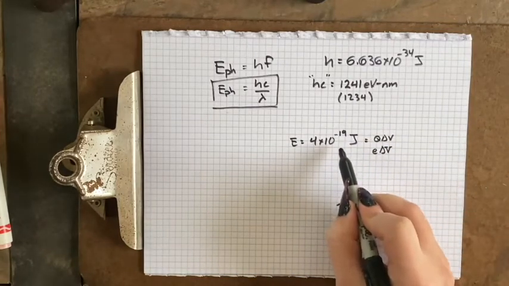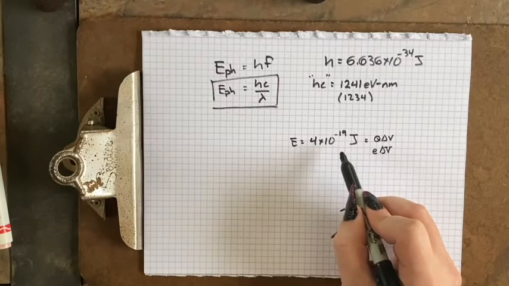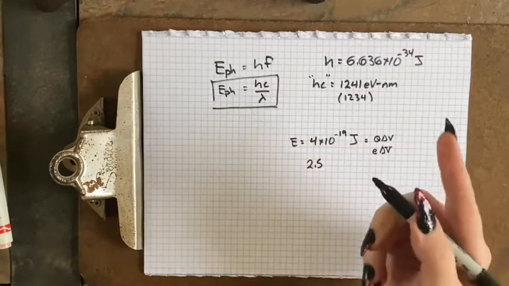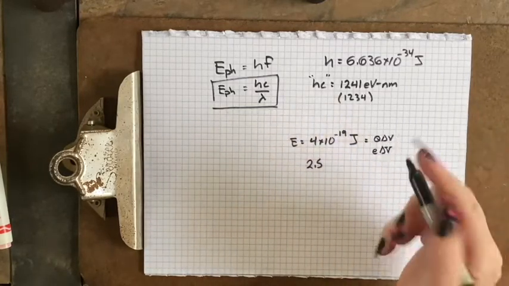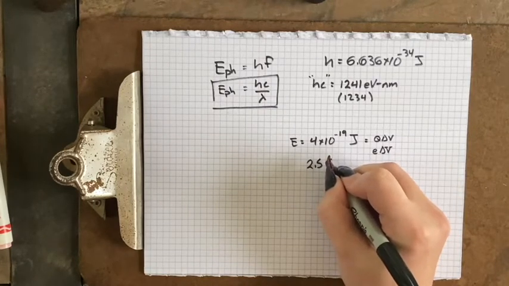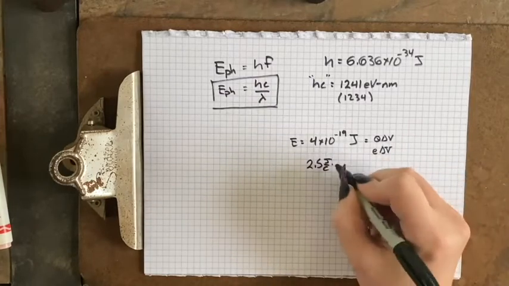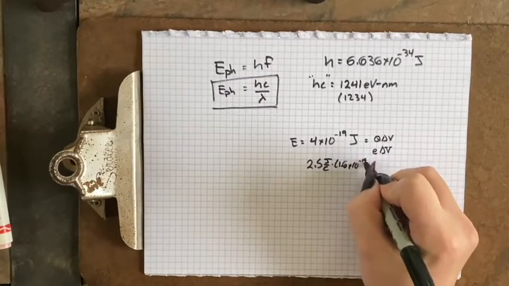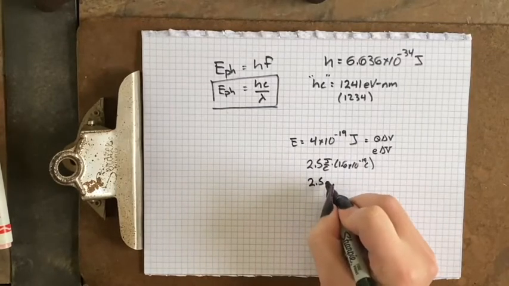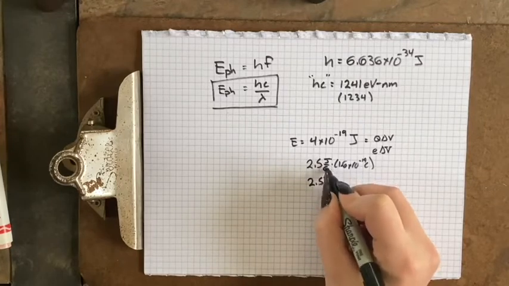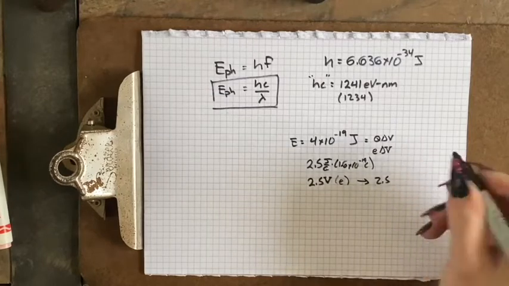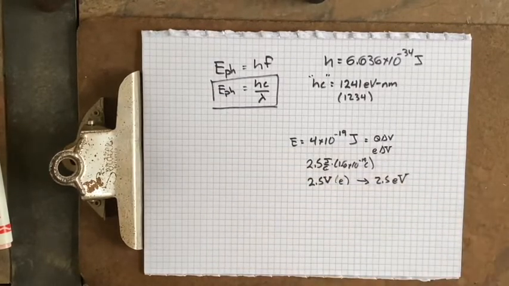So if I divide out 1.6 times 10 to the minus 19 coulombs from this, I get 2.5 joules per coulomb times 1.6 times 10 to the minus 19 coulombs. Well, this is a variable, so why don't we just call it 2.5 volts, joules per coulomb, times this value, which is an e, or we made up a unit out of laziness, 2.5 eVs.